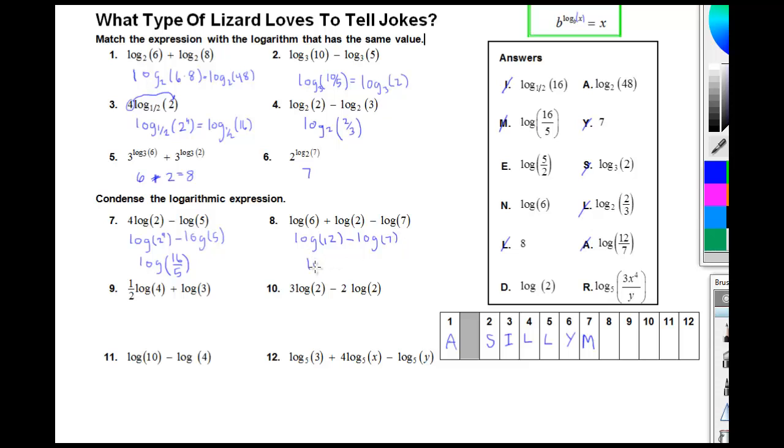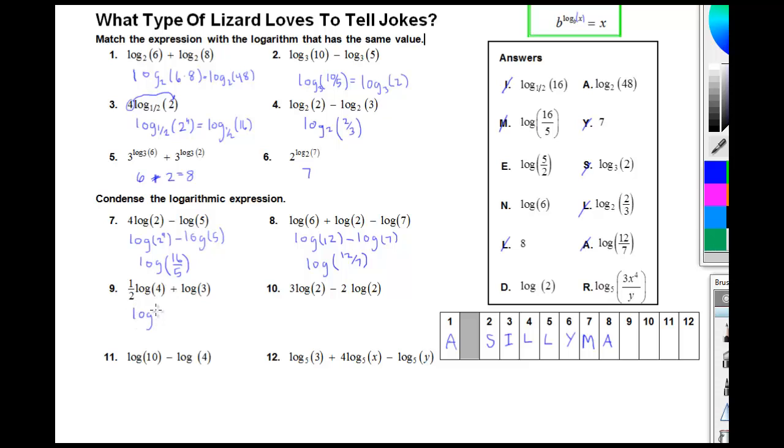And then this becomes the log of 12 divided by 7, which I think is on here somewhere. Oh, did I cross off the wrong one? No, I already have that crossed off. But log of 12/7.